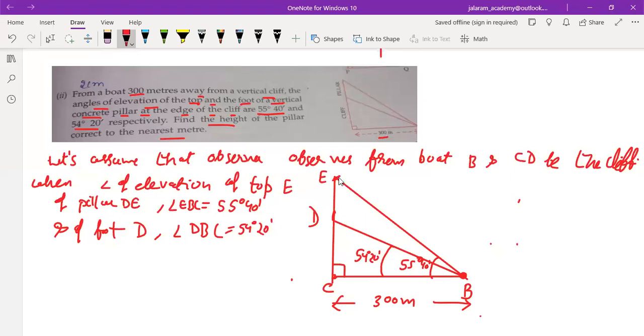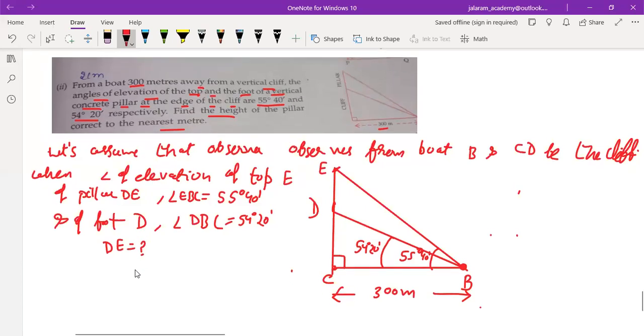Find the height of the pillar, means ED we have to find, correct to nearest meter, means we have to neglect the decimal part.